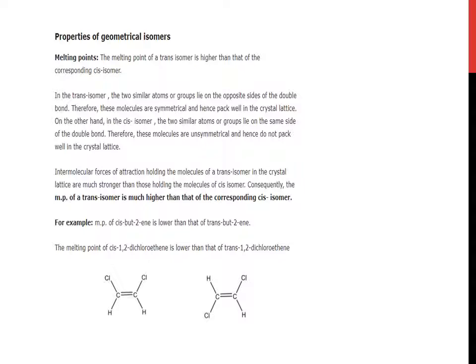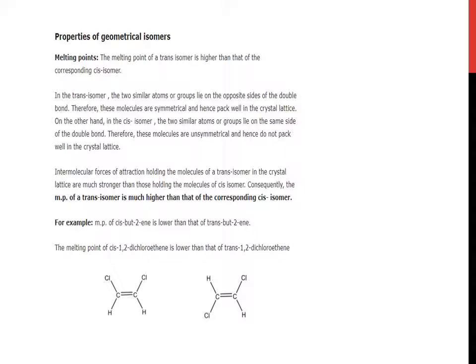In the trans isomer, the two similar atoms or groups lie on the opposite sides of the double bond. Therefore, these molecules are symmetrical and hence pack well in the crystal lattice. On the other hand, in the cis isomer, the two similar atoms or groups lie on the same side of the double bond. Therefore, these molecules are unsymmetrical and hence do not pack well in the crystal lattice.